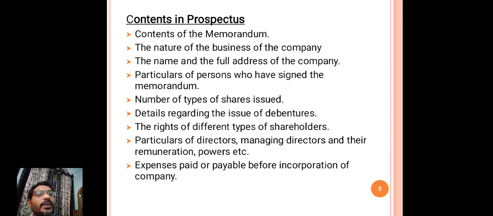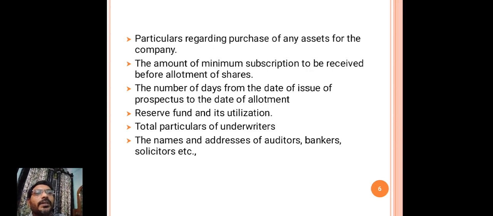in the prospectus. The next, particulars regarding purchase of any asset for the company. So in the prospectus, it is clearly mentioned the assets which they have already purchased.